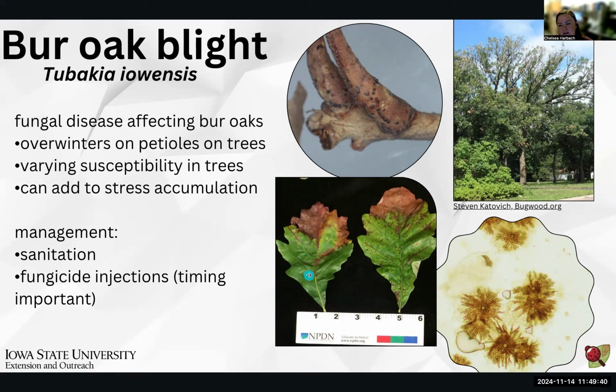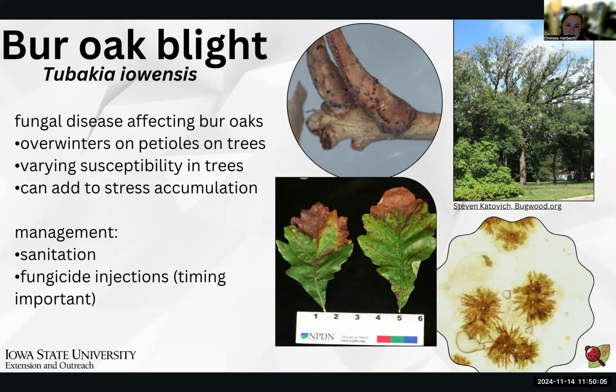And this right here is what I see when I look at this under the compound microscope. These are the fungal fruiting bodies that are producing more spores to create new infection points on the leaves and throughout the canopy. This is another one where sanitation can be helpful.